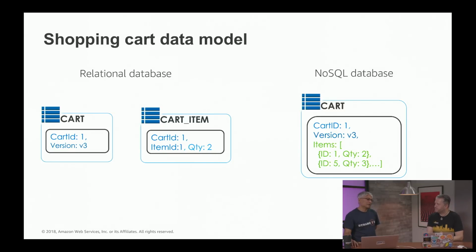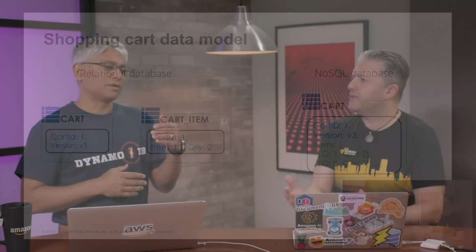In other words, they were okay with retrieving all the items in a cart when they needed to. They didn't have the need to retrieve, given a cart ID, a specific item ID. If there was a need like that, we would have modeled this slightly differently. And the cost of reads did not really change because the cart object itself fits within fairly small size, within 1K. Exactly. Or the read capacity unit, which is 4K.